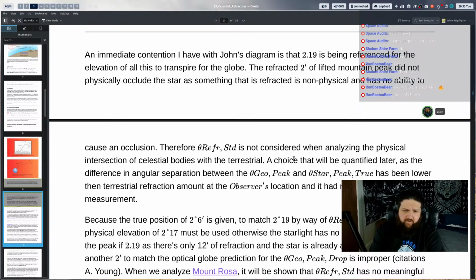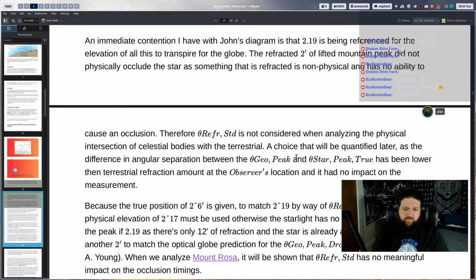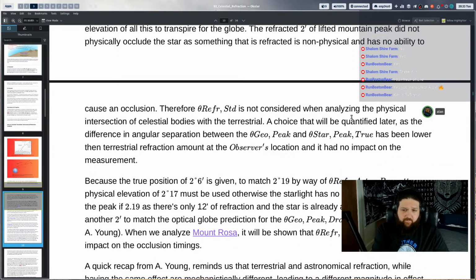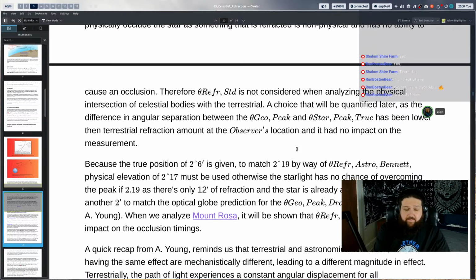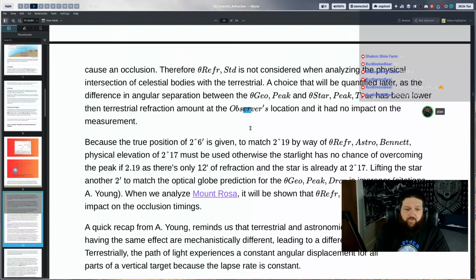So therefore, the standard refraction is not considered when analyzing the physical intersection of celestial bodies with the terrestrial, a choice that will be quantified later as the difference in angular position between the peak and the true position of the star has been lower than the amount of terrestrial refraction at the observer's location, and it had no impact on the measurement. So that's shout out to Mount Rosa there.